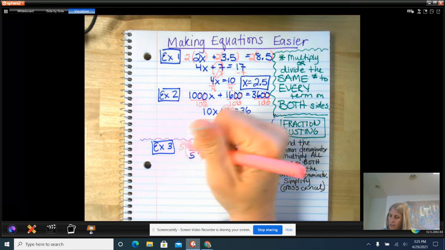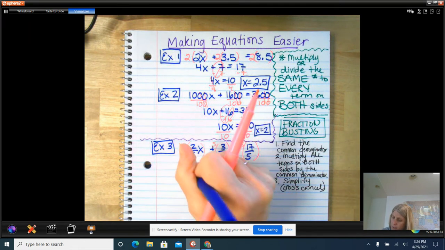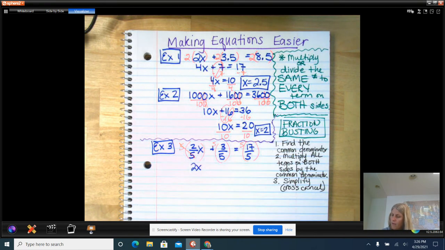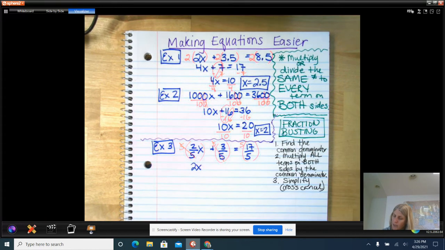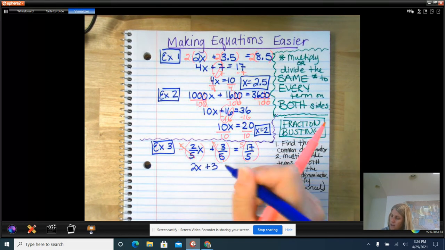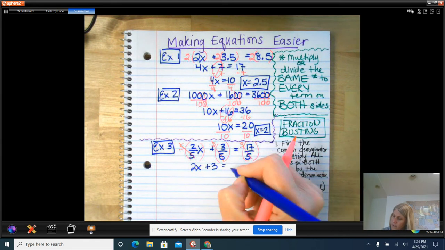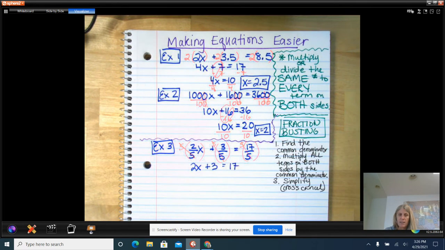Okay, and basically what that does is 5 divided by 5 is 1, and 1 times 2x is 2x. 5 divided by 5 is 1, and 1 times 3 is positive 3, and that's equal to 5 divided by 5 is 1, and 1 times 17 is 17.